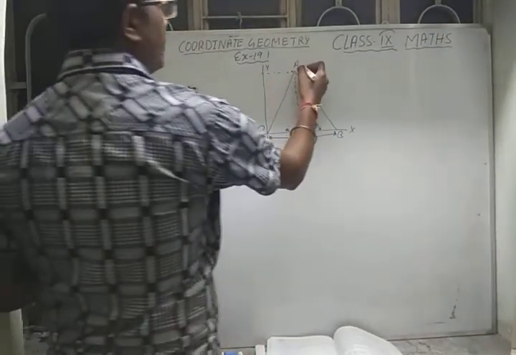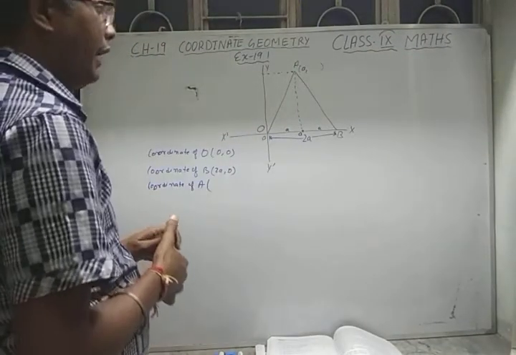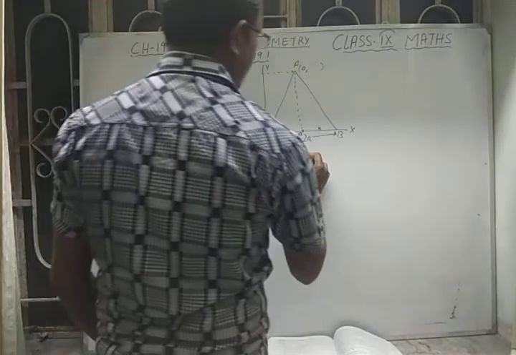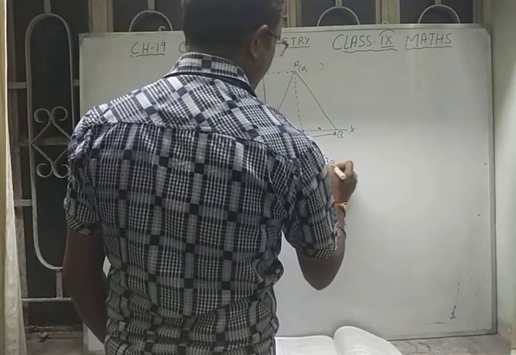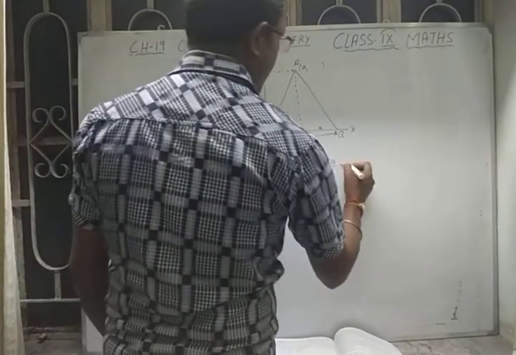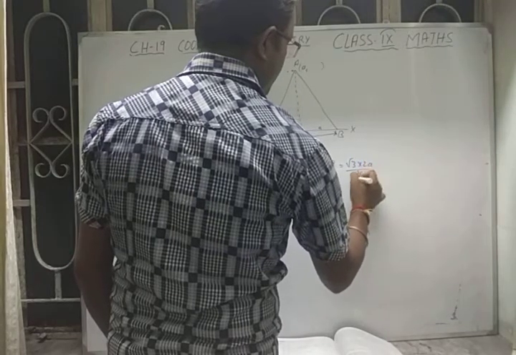But what is the y coordinate of A? I don't know. We have to find that. For that we need to find the height. So as you know, the height of an equilateral triangle is equal to root 3 a by 2, a means length of each side. So root 3 into 2a by 2. So 2 will be cancelled.